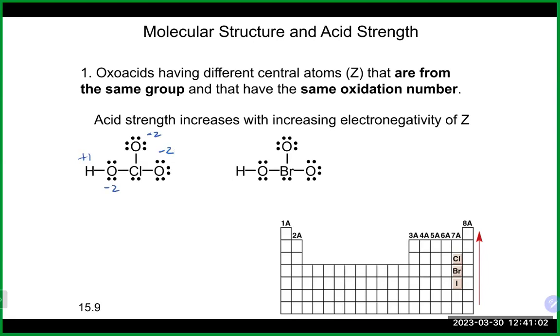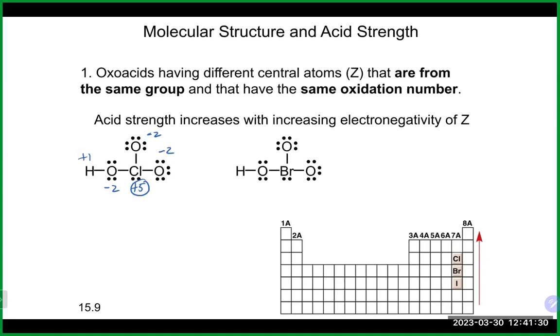If we add up all those negative oxidation states, -2, -2, -2 is -6. The oxidation states should add up to the same charge as the molecule. In this case, it's neutral, which means the chlorine is carrying a +5 oxidation state. A +5 and a +1 is +6, and -6 is 0, so everything adds up to 0.